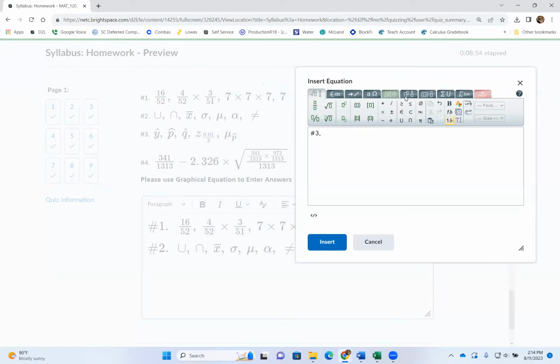So we're gonna go to this accent thing again. Y hat will be this one right here. Type a Y in the box. All right, click on the outside of it. I'll use my arrow key to move out, comma, space, P hat. Comma, space, Q hat. So this is where the hat is, this tab.